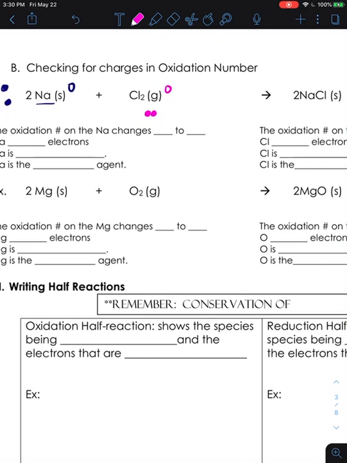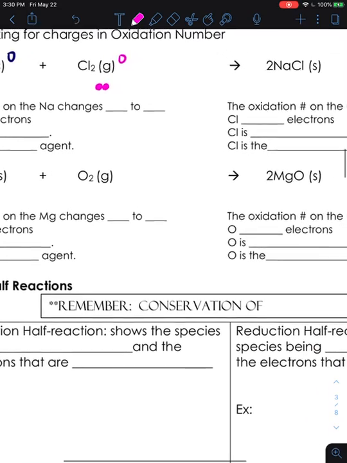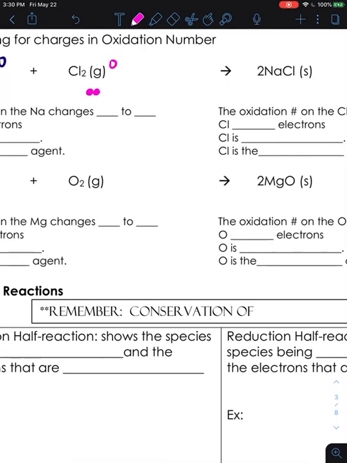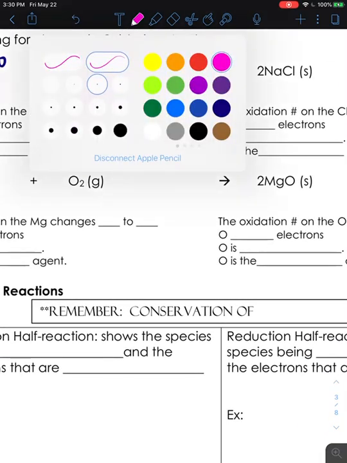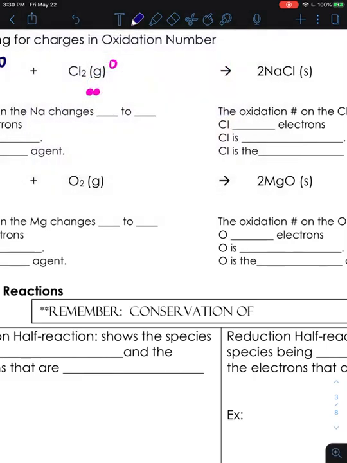Now, taking a look at the charges. Okay, I have Na. Na is +1, and I have 2 of those. Okay, and chlorine is a -1, and I have 2 of those.